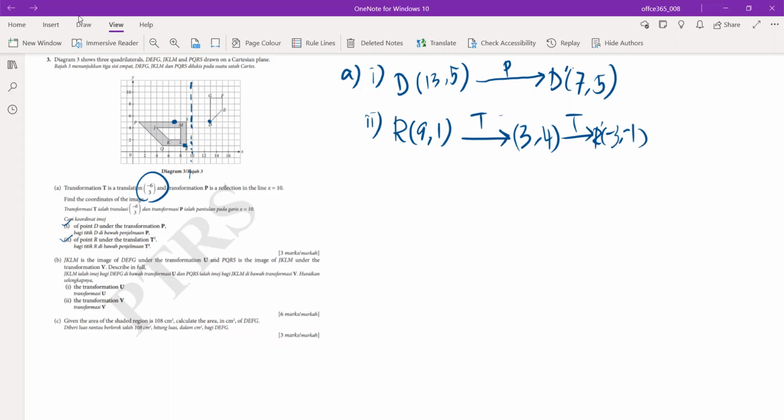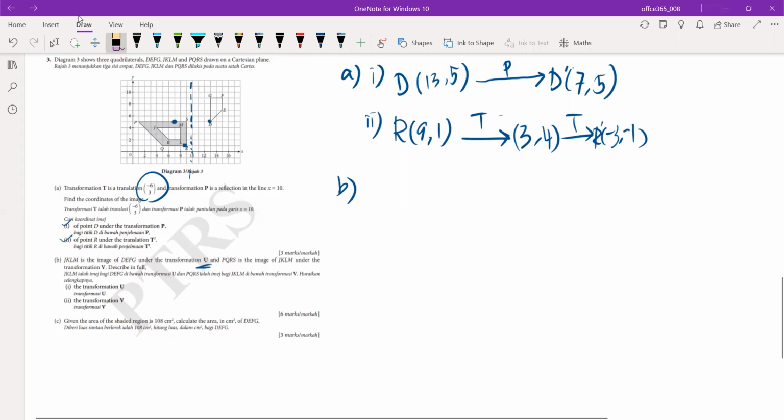And now after that, question B, JKLM is the image. Okay, under transformation U. So everyone, you have to look at this now. You have to know how to describe, but a lot of students don't know how to do it correctly.